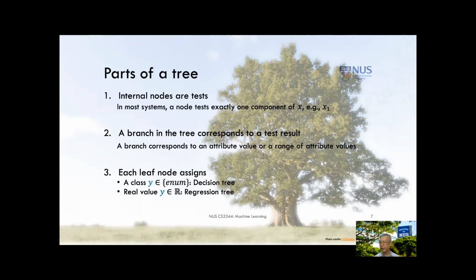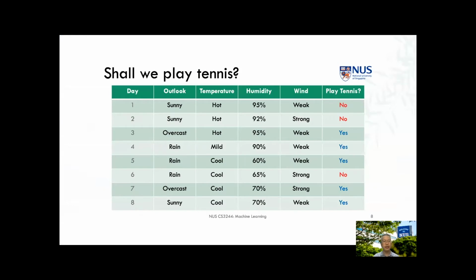When I get down to the base of the tree, the leaf tells me what y value to pick, or a formula for how to decide the y value if it's a regression problem. So that's the idea.